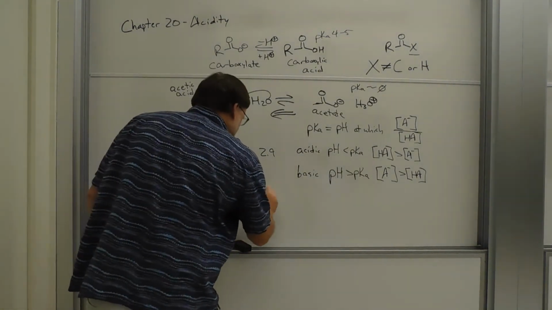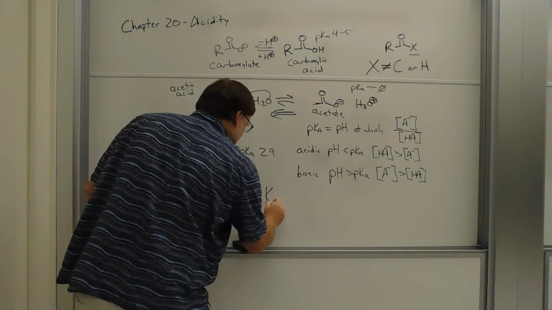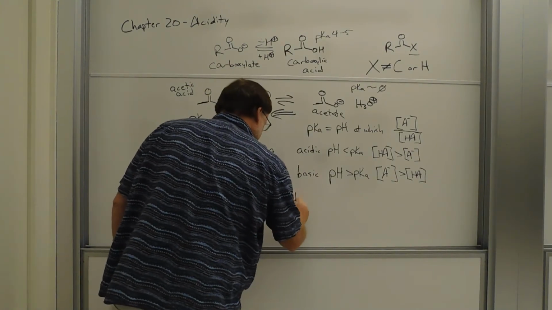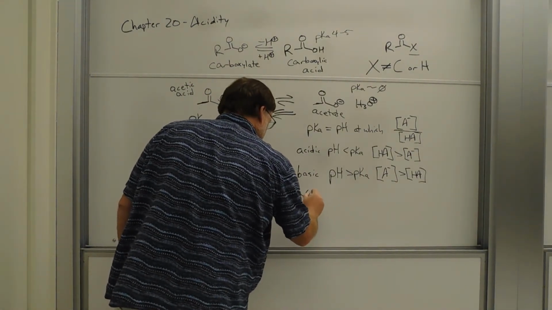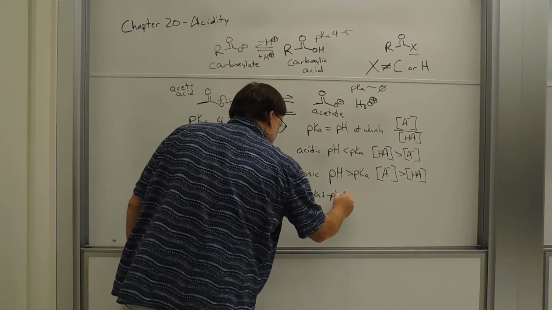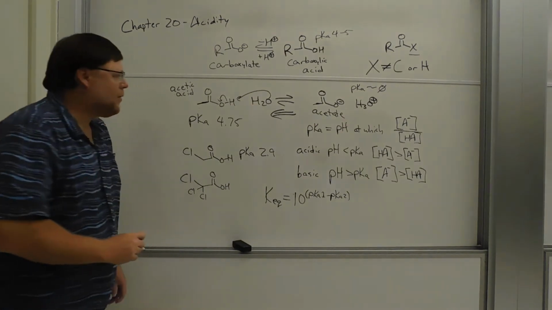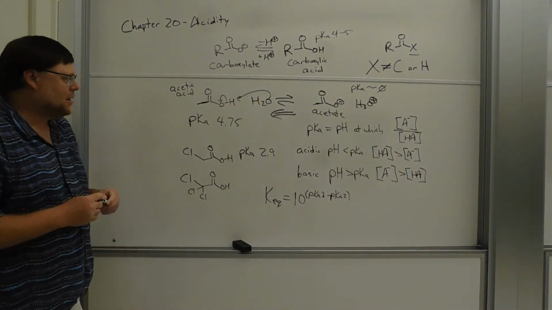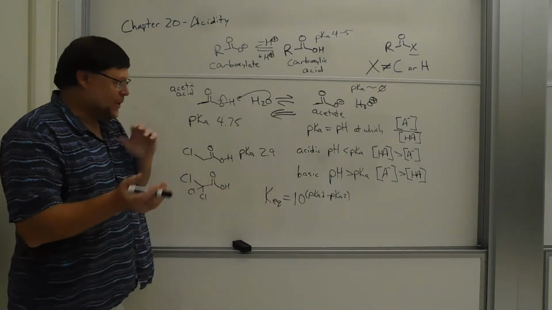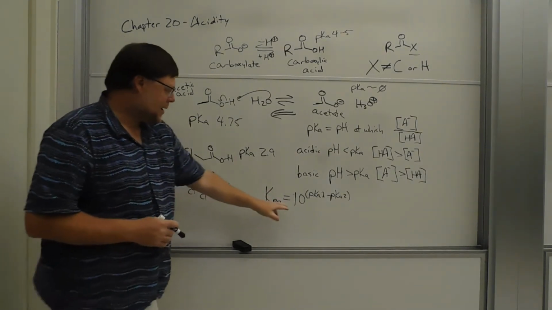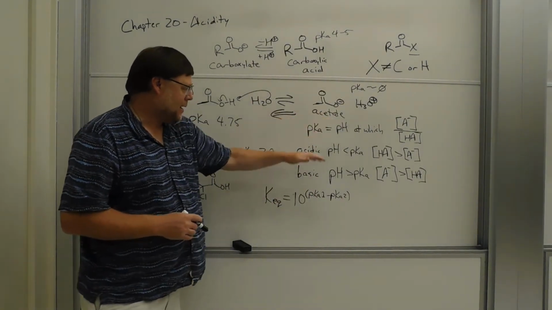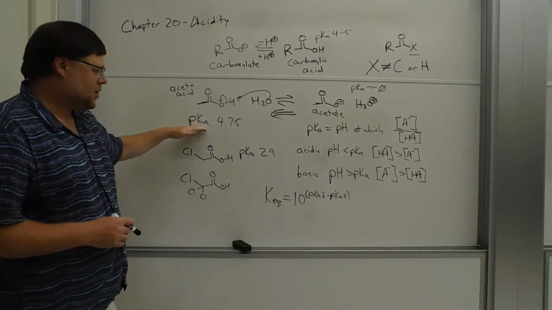You can work through all the pKa's to get the equilibrium. You can work out the equilibrium constant by taking 10, because p is a log function, raised to the power of the product pKa minus the starting material pKa.